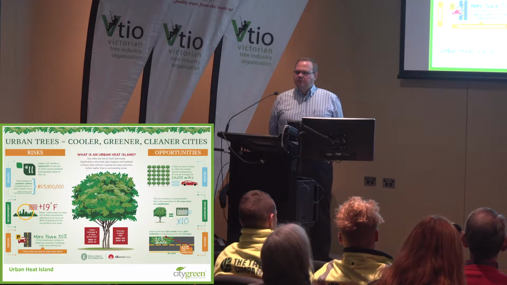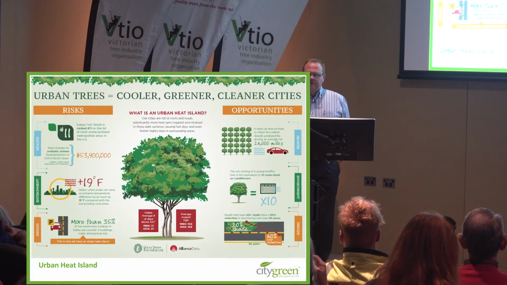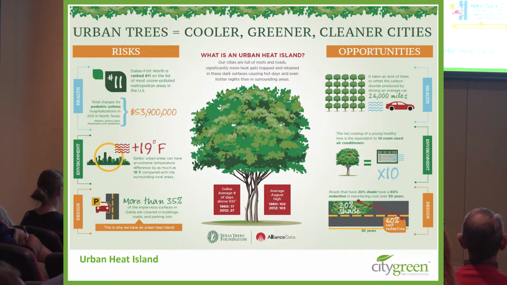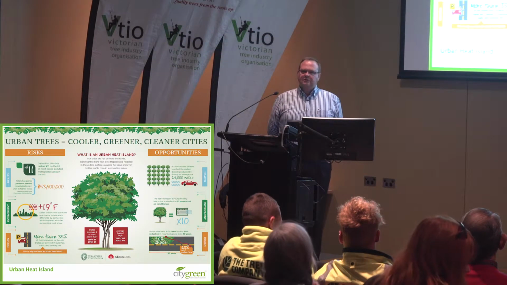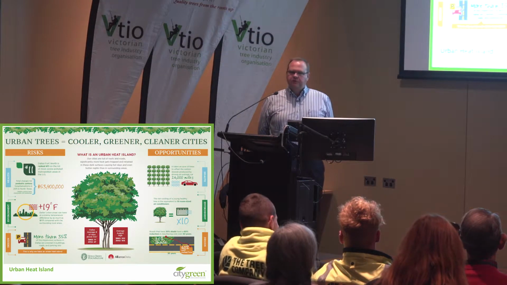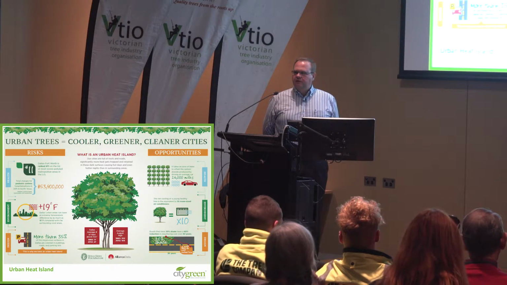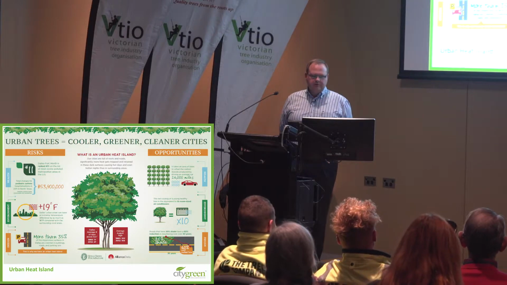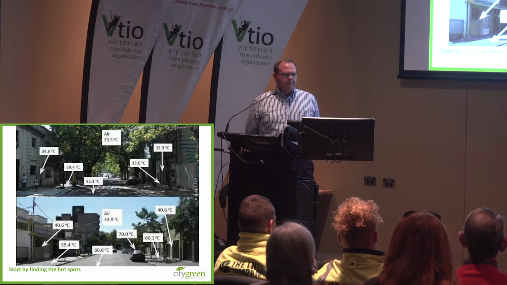Designing for heat mitigation to start with. This is some data out of Texas, but you'll find it's pretty typical of what we find in various regions. The temperature differential between cities and surrounding areas is severe, and it's being recognised now, and it really needs to be addressed through correct placement and growth of the tree canopy.